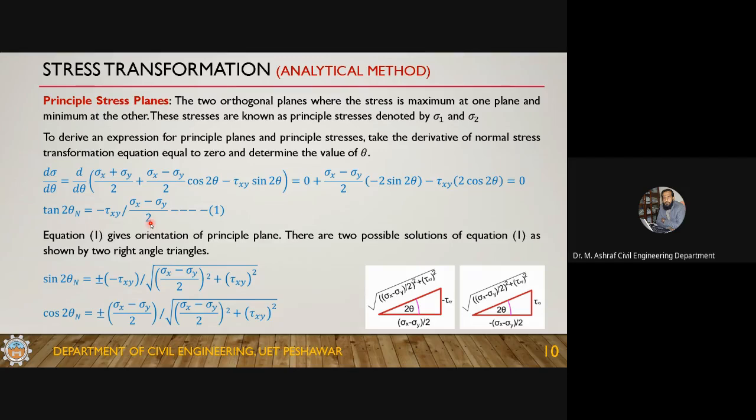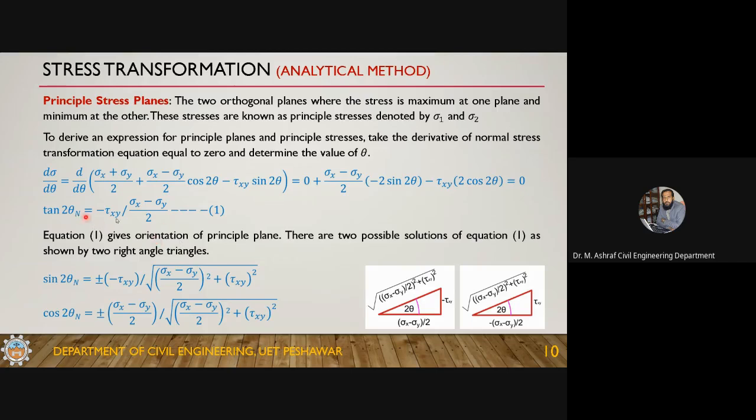This is the usual way of how we get the maximum value of a certain function. I've used that mathematical procedure just to get the maximum value. So this will give me a value of theta, and theta defines the plane.